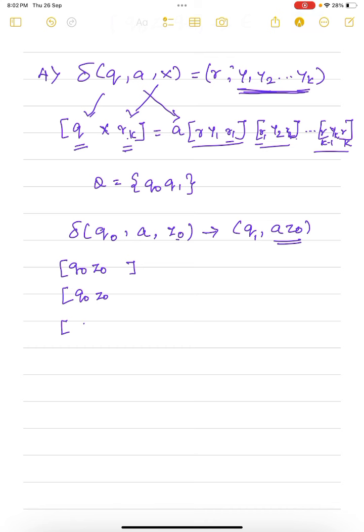This is Q0 only, no choice. The initial state, whatever is there, you will be copying it here. And this will be Q0, Q0, Q1, Q1. Okay, so we'll have four combinations if we have two stack symbols.